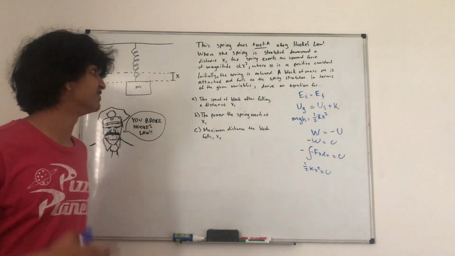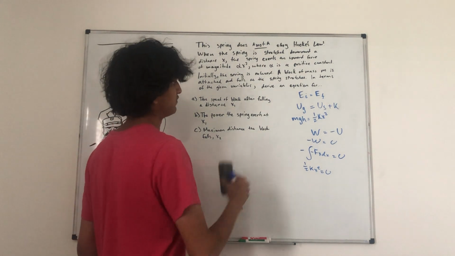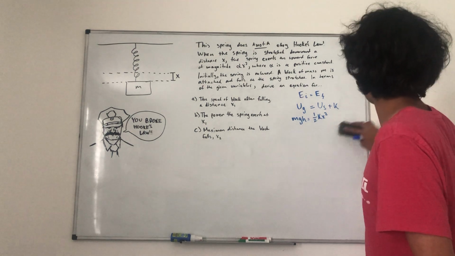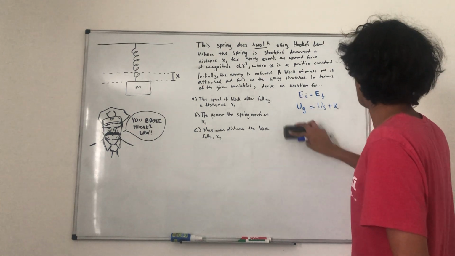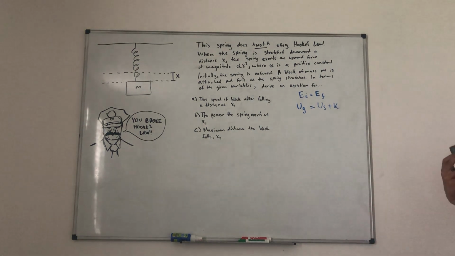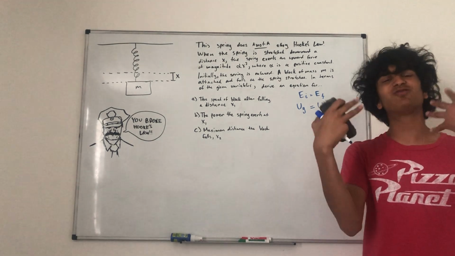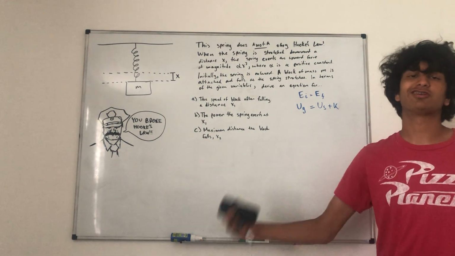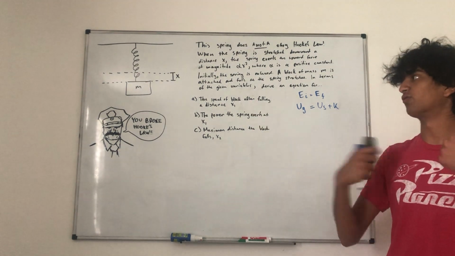In this case, instead of U spring, we have to use work. We can't really use potential energy. You could integrate work and potential energy, because it's a conservative force, they are linked.